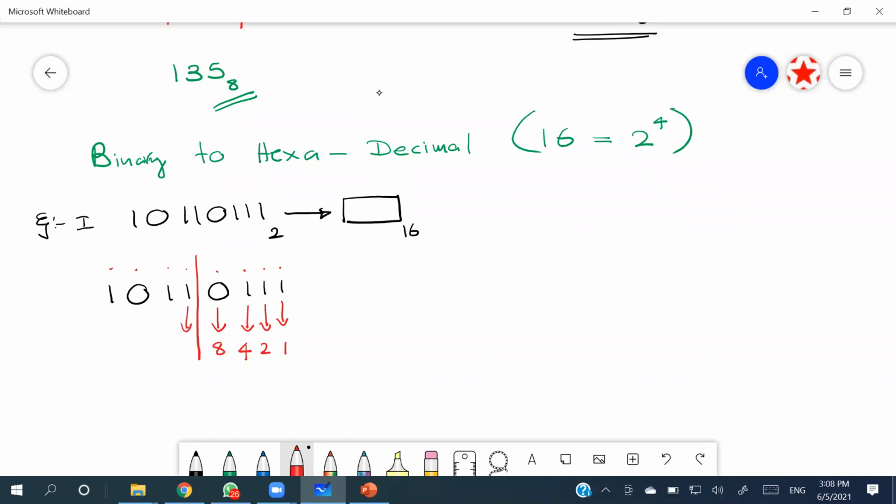So we are writing the place values, which is 1, 2, 4, and 8.